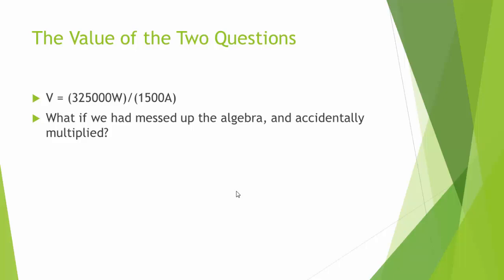I know most of you students out there are perfect, but let's just, for the sake of argument, say that you made a small mistake. Well, 325,000 watts times 1,500 amps is in fact, let's get this right, 487,500,000 volts, which is more potential than is in a lightning bolt, incidentally.